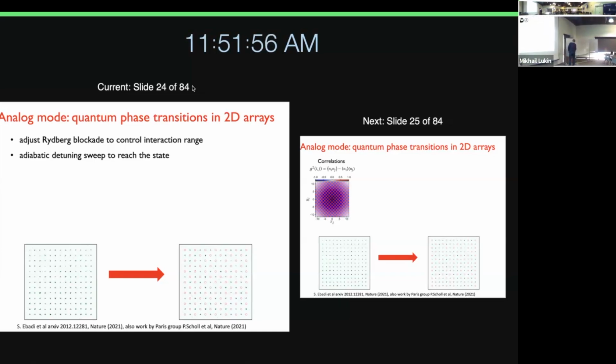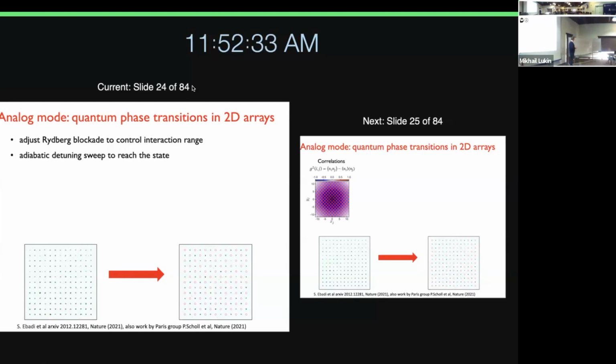The actual excitation scheme here is that you go from the ground S state to a P state, and then eventually to the Rydberg S state. So basically we have two types of spontaneous emission: one is the decay from the P state, and another one is the decay from the Rydberg S state.